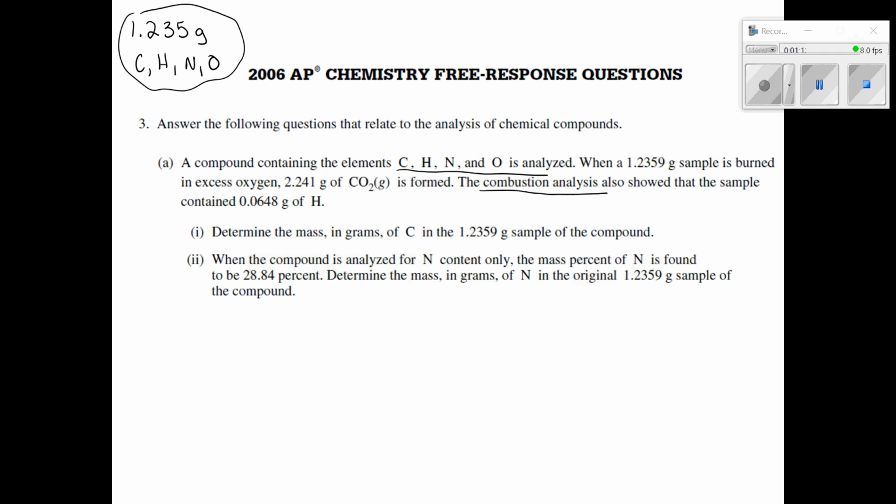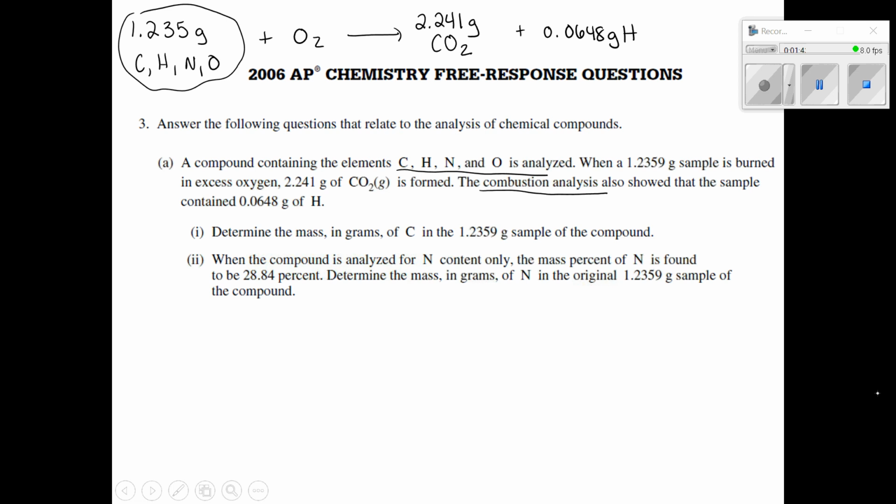And when we burn it in the presence of oxygen, we make some CO2 and water. They don't tell us anything about the water, but they do tell us that we make 2.241 grams of CO2. And another piece of the combustion analysis showed us that we make 0.0648 grams of hydrogen.